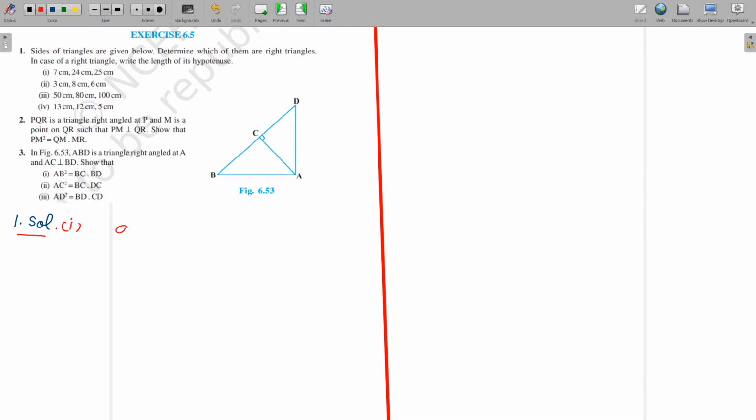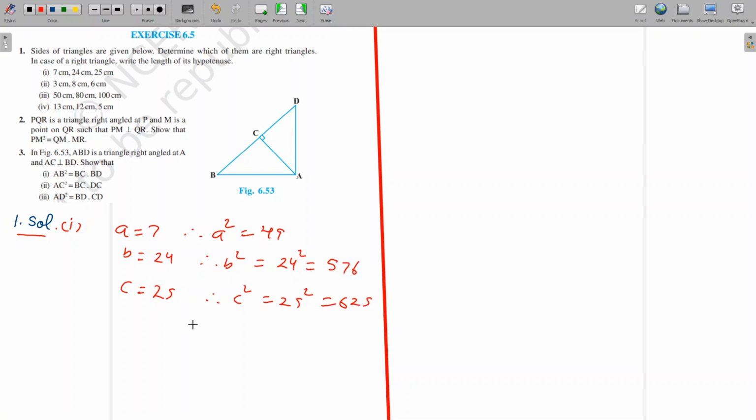So let A equal 7, then A square will be 49. Then we take B as 24, so B square will be 24 square, and 24 square is 576. Then we take C as 25, so C square will be 25 square, that is 625.